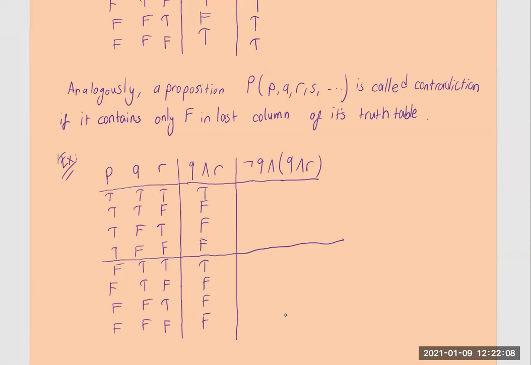Not Q: false, true, false, false, false, false, true, false, false, true, false, false, false, false, false, true, false, and false, true, false, and false. So this is a contradiction as an example.